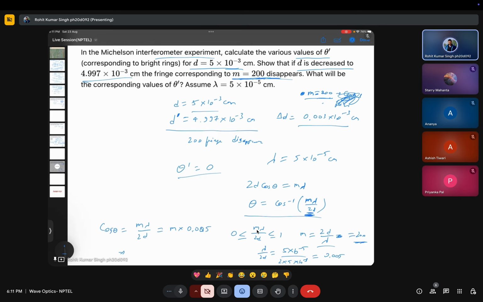So that means the fringes are basically appearing, it's not collapsing, they are appearing, because then the 200th one is disappearing. So it's not collapsing, it is expanding.